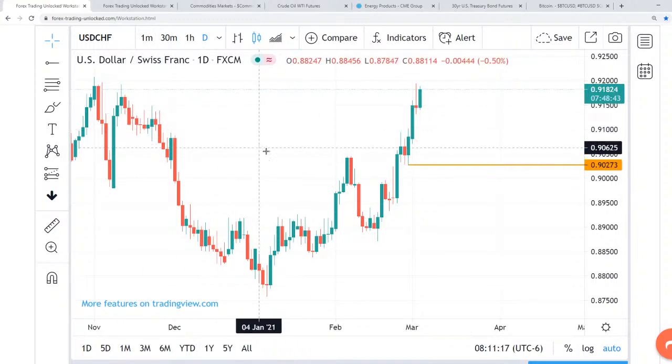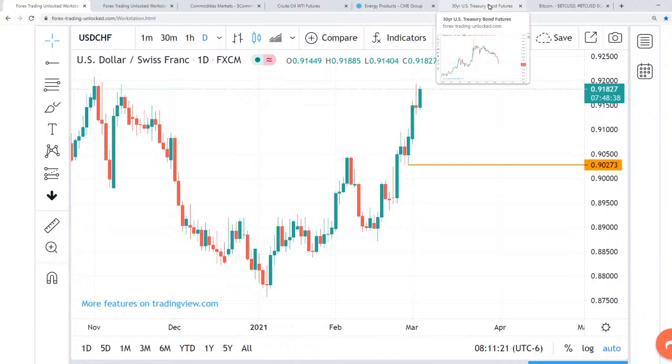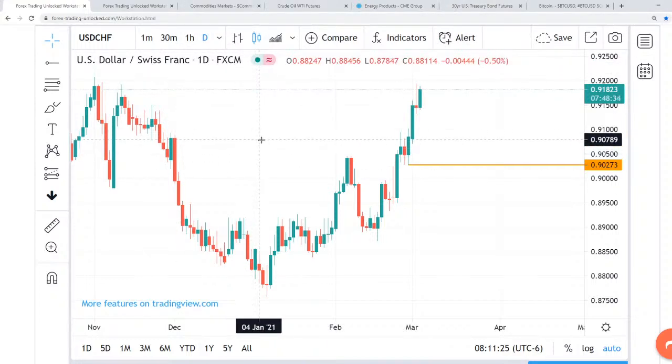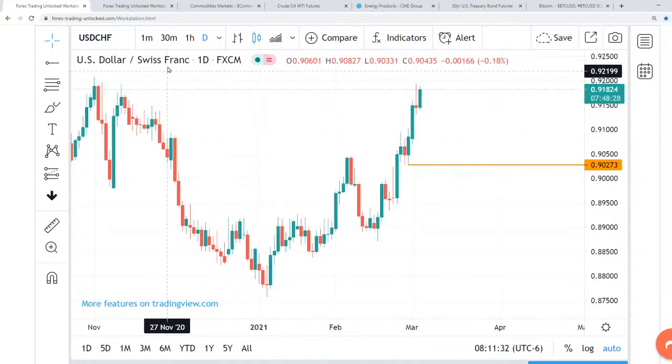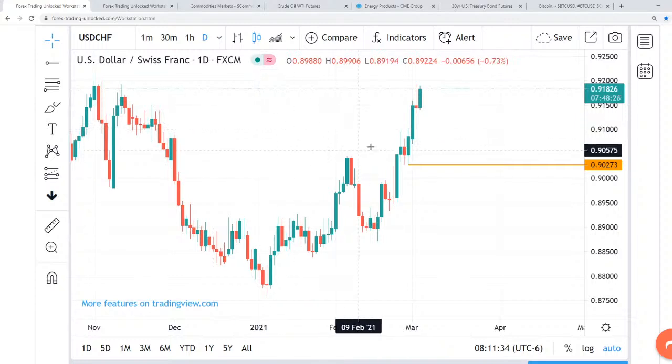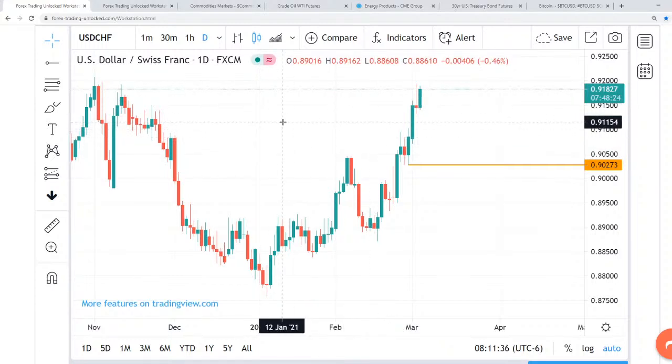So the higher price of oil hurts their currency, the higher price of our Treasury bond hurts their currency, and then the fact that the euro and the Swiss have to work on holding up the European Union, that hurts the currency. So that's why, when you have a flight to quality currency falling against another flight to quality, that just starts to show you how strong the US dollar truly is.